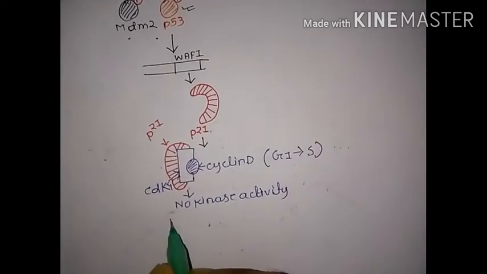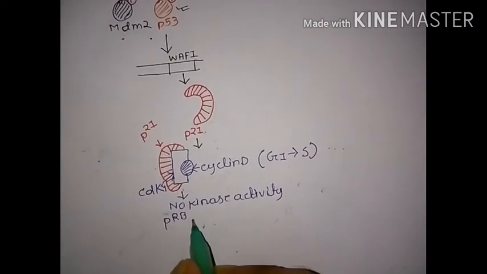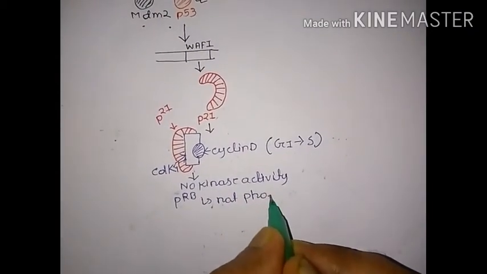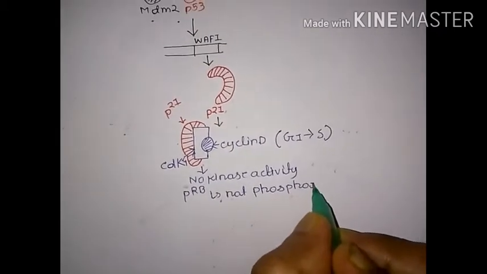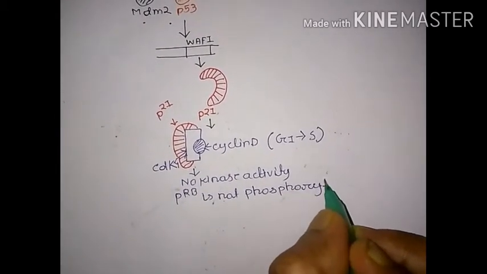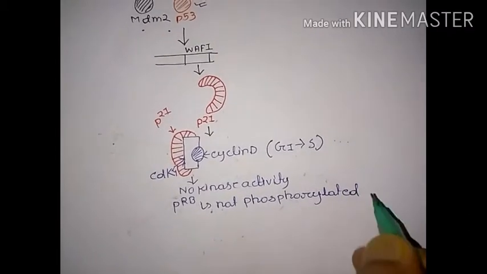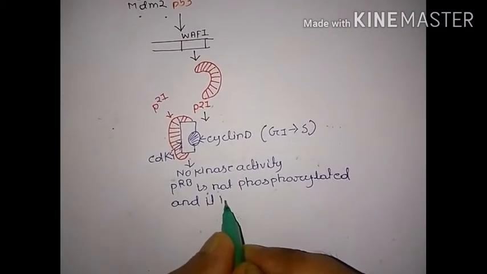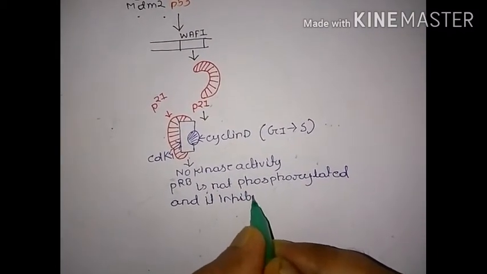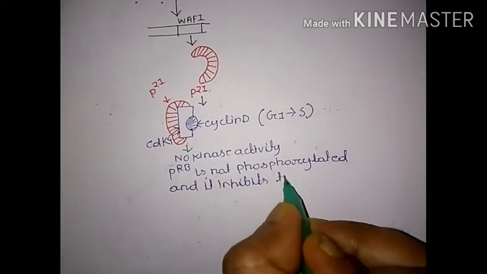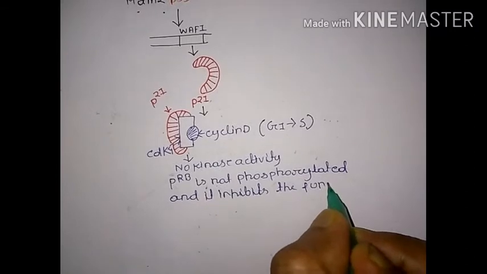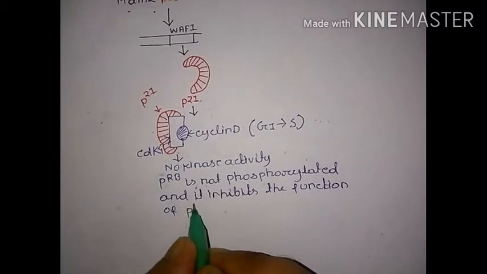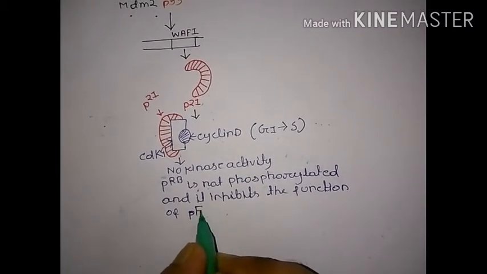So now pRB is not phosphorylated, and it inhibits the functions of E2F.